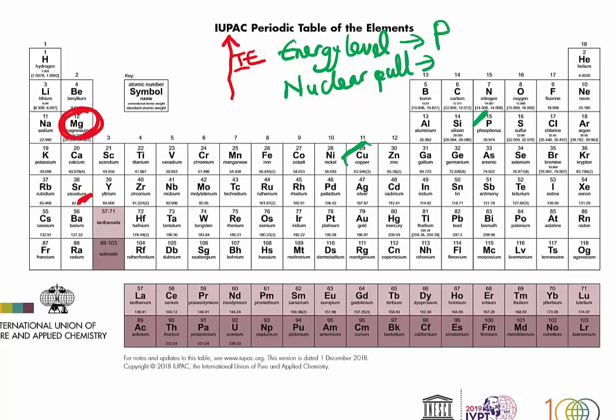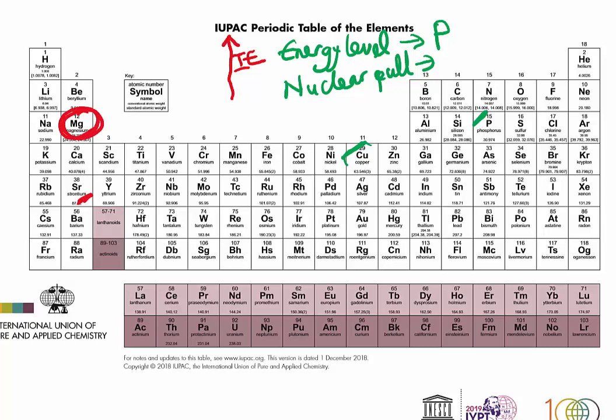As far as nuclear pull is concerned, we know that the closer to the right side of the periodic table you are, the more nuclear pull you will experience.